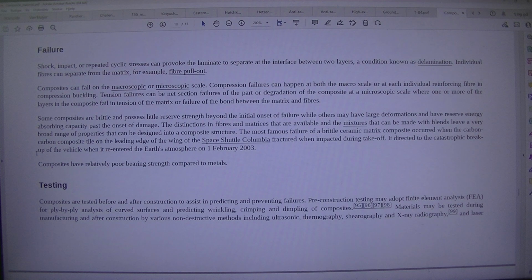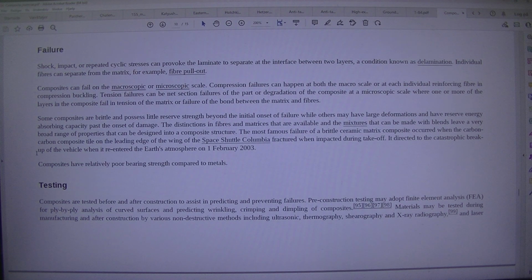Specific stiffness: 200 x 10^6, 1000 x 10^6, 160 x 10^6 to 200 x 10^6, 100 x 10^6.